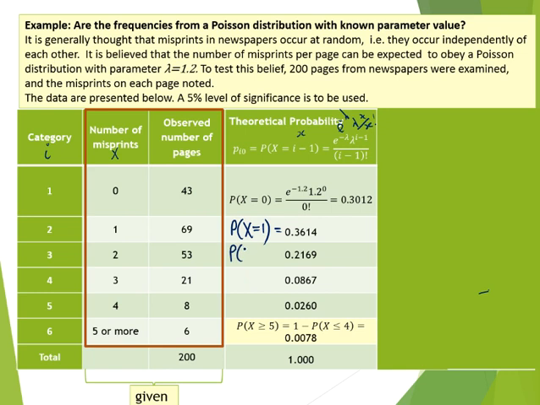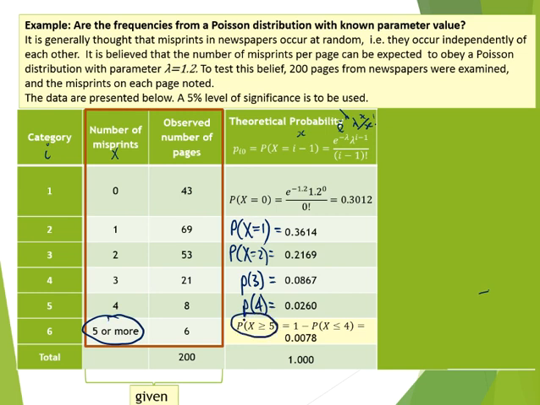And this is the probability that X is equal to 2. If we use notation from chapter 3: the probability that X is equal to 3, the probability that X is equal to 4. And the last one is important: 5 or more, X greater or equal to 5.